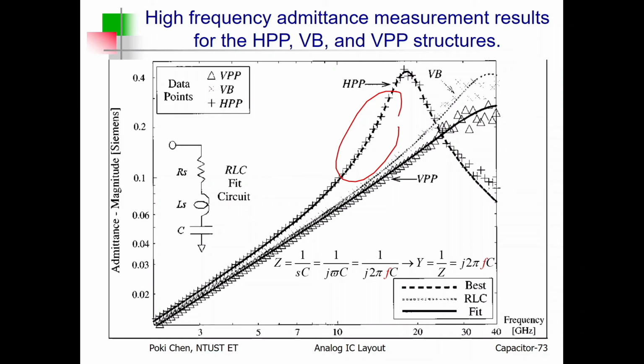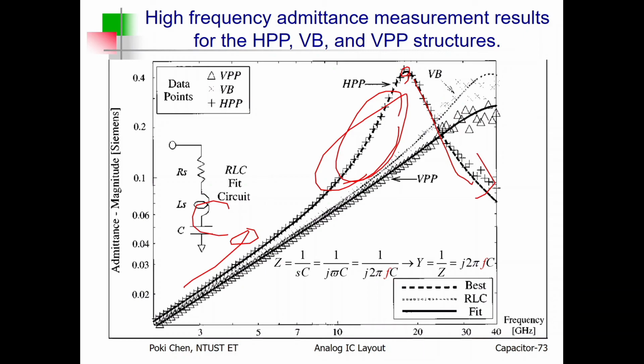The curve is never linear, right? So it means its property is not so ideal for capacitance. Even worse is this. After the resonance frequency, it goes down instead of going up, right?